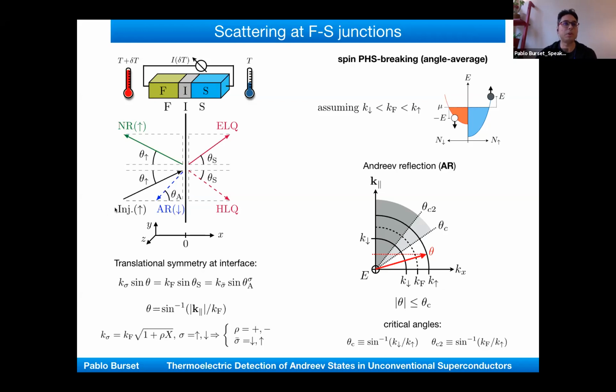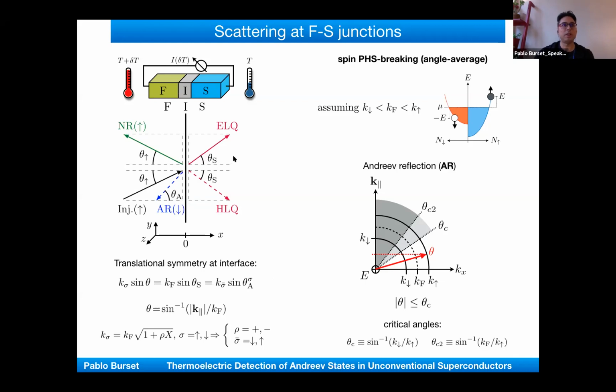And the scattering processes that are allowed, if we inject, let's say, a spin up electron, it can be reflected, normally reflected, preserving spin, or Andreev reflected, changing the spin from up to down. And it can also be transmitted as a quasi-particle on the superconductor.